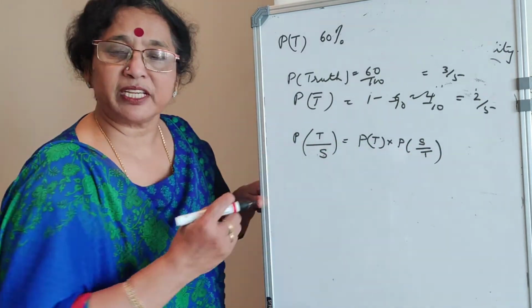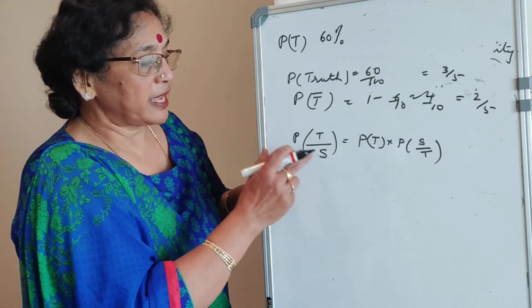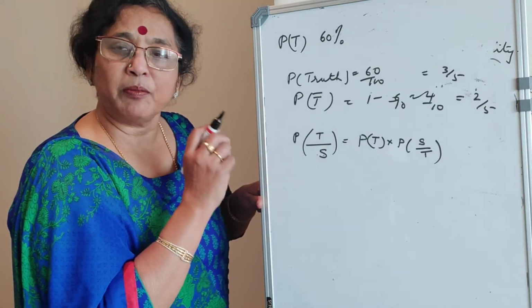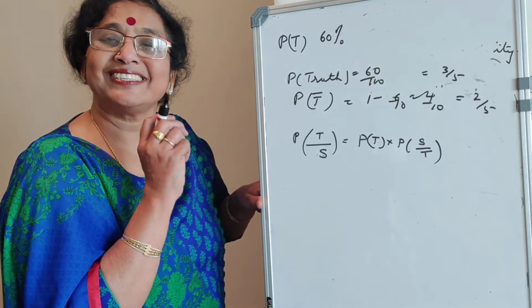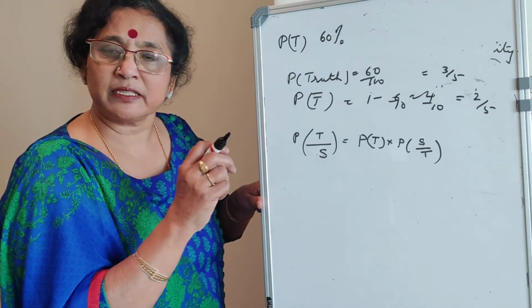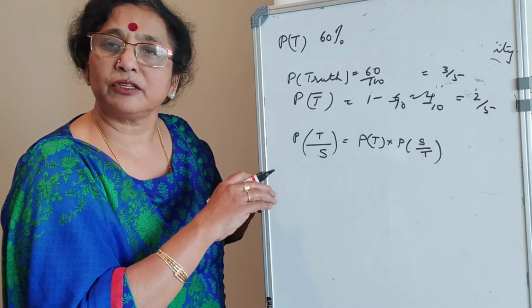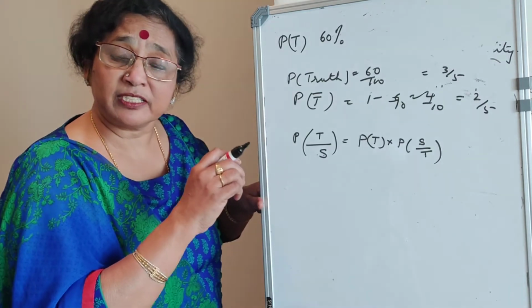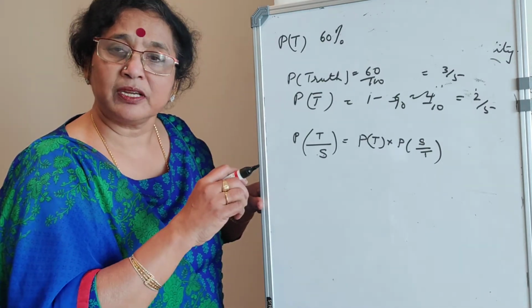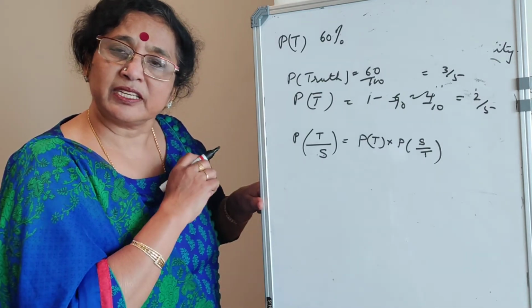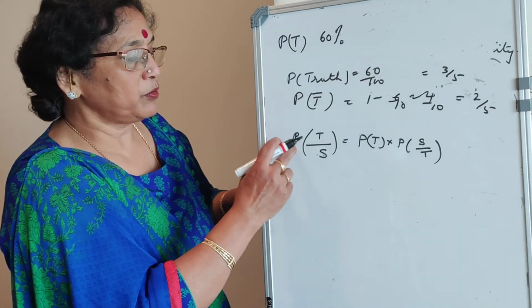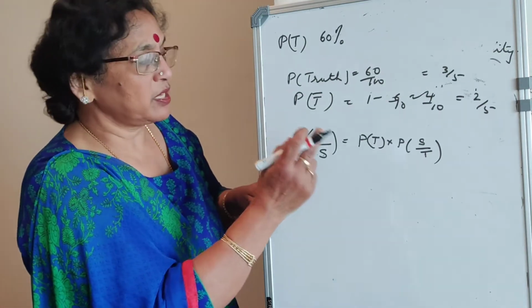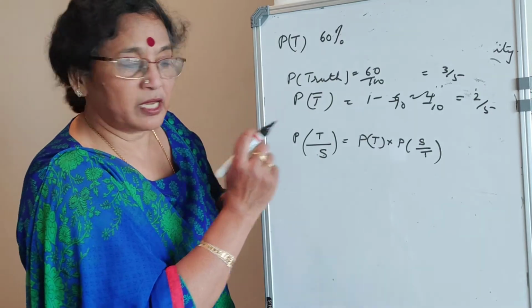So I'm just writing this notation, and explaining it. S stands for 6. So the common thing here is saying it is a 6. Saying it is a 6, you're lying or you're saying the truth. So now it is actually a 6 means you're speaking the truth. That means really the 6 has fallen. So probability it is a 6 and you're speaking the truth is the probability of speaking the truth and saying a 6.